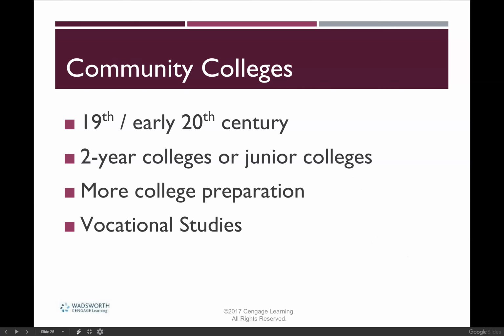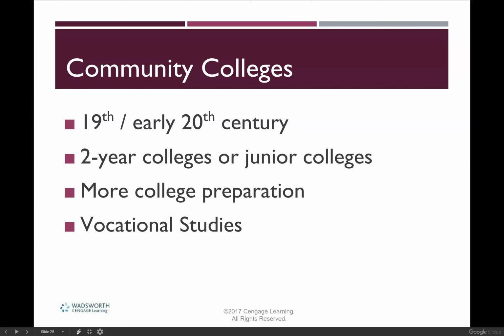Community colleges came shortly after, in the 19th and early 20th centuries. These were two-year colleges, like Bakersfield College. Some might call it a junior college, depending on what part of the nation you're in. It was developed for three main reasons, but here on this slide it lists two.